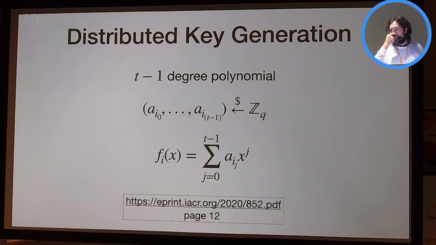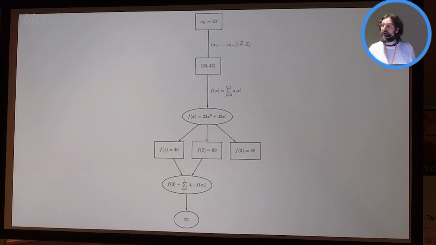So what would be nice is if we could do this without having to trust anyone. When you have the previous setup here, if whoever created this polynomial, if their machine is compromised, then you're screwed.